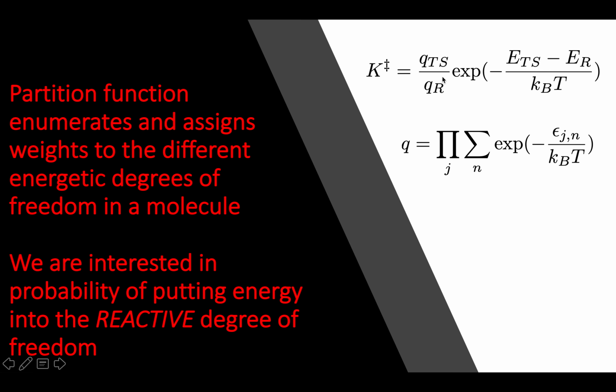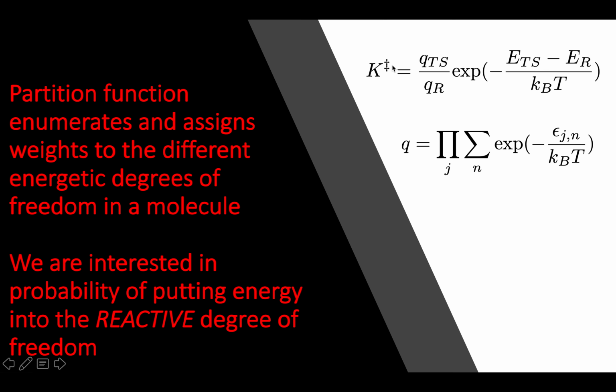And so basically taking the partition function of the transition state and dividing it by the partition function of the reactants and scaling it by this exponential, where we take the total energy difference between the transition state and the reactants divided by Boltzmann's constant times temperature. That is the definition of the equilibrium constant that describes the equilibrium between the transition state and the reactants.